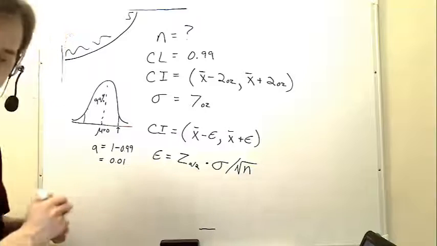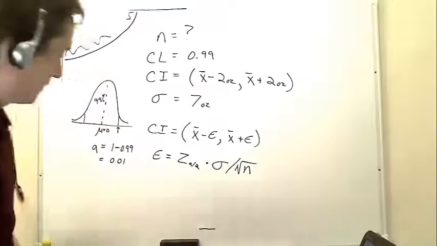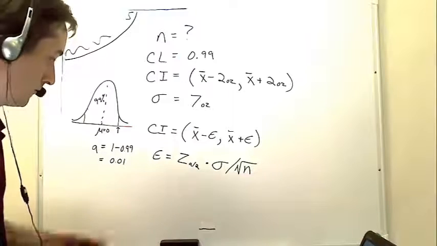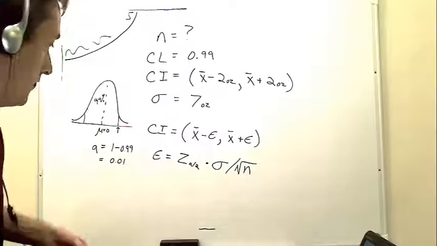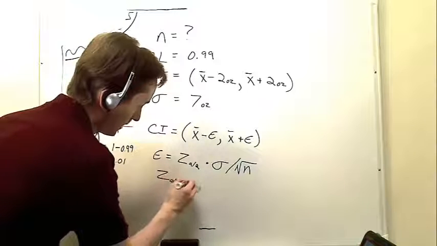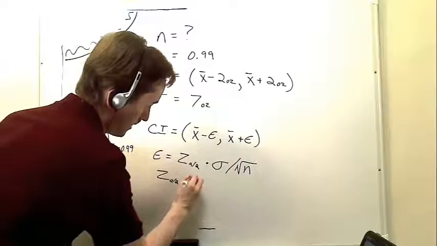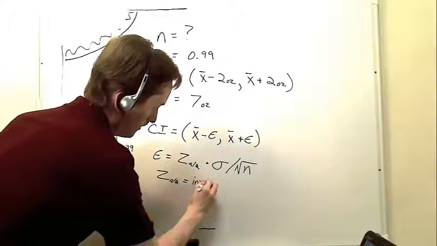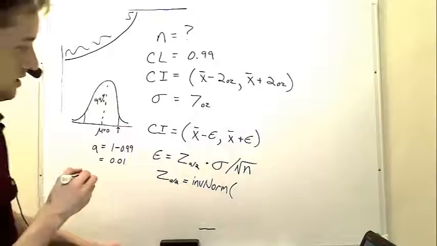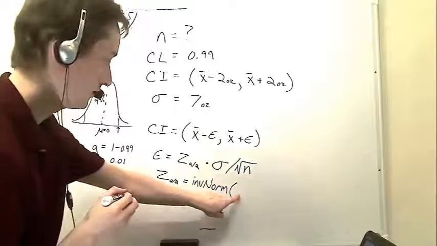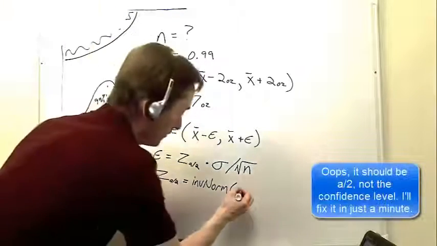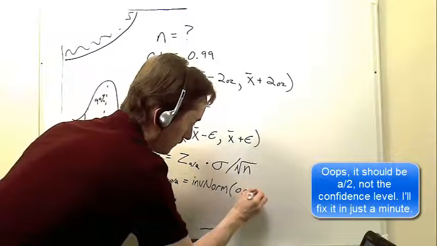And we're going to use our calculator, in this case a TI-83, to find z sub a over 2. And to do that, the function we're going to use on our calculator is the INV norm function. And we're just going to put one number in there, and that is our confidence level, 0.99.